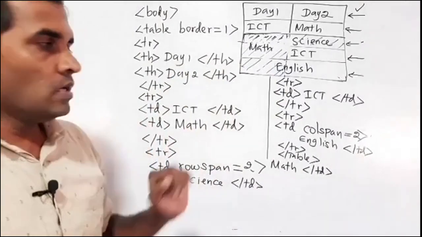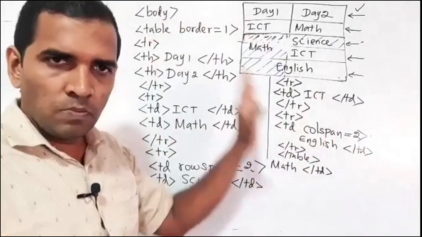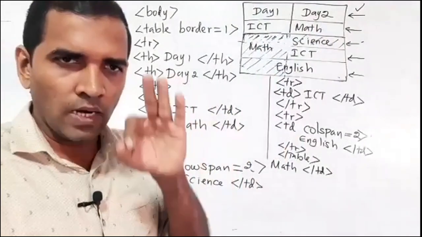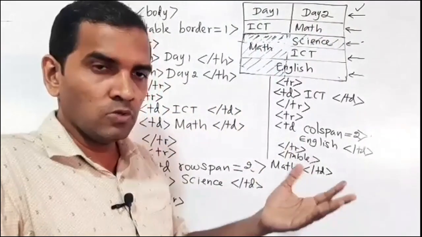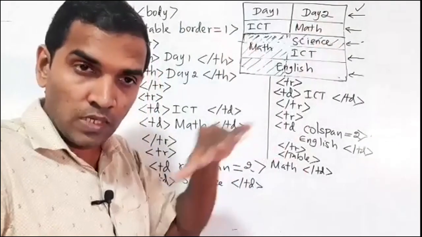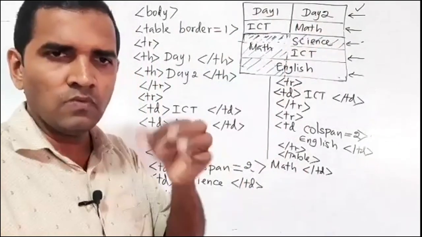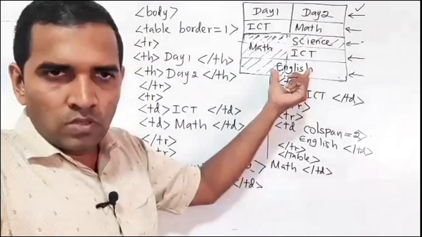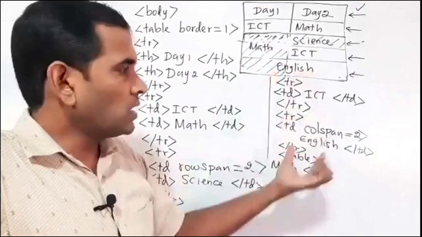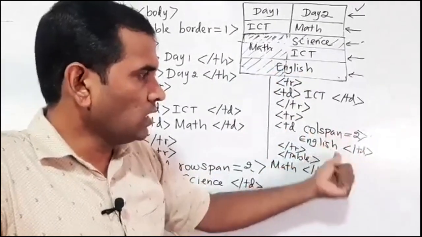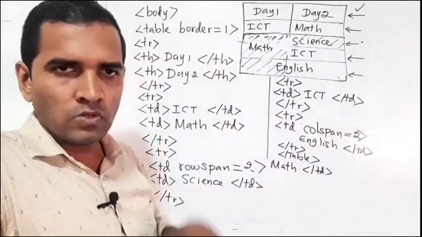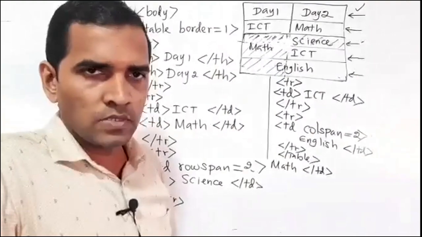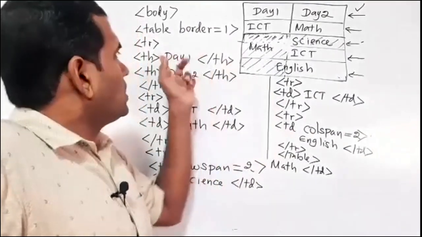One thing. If you save the work in Notepad and open it in a browser, definitely you will get the table. But you may not get that table exactly. There may be one mistake. Look here, I wanted English in the center position, right? But if you use TD colspan for English, actually English is on the left, because in all the cells, text is aligned left, except the heading.